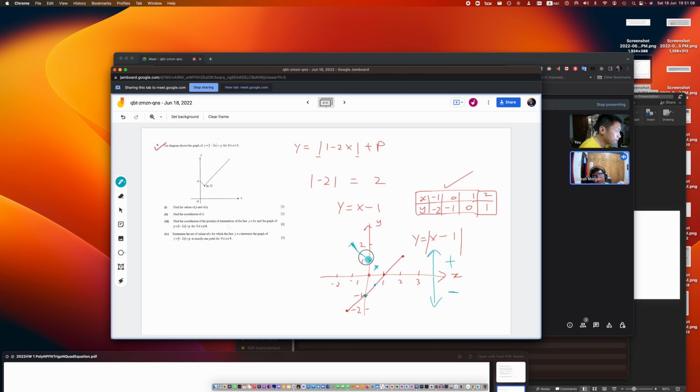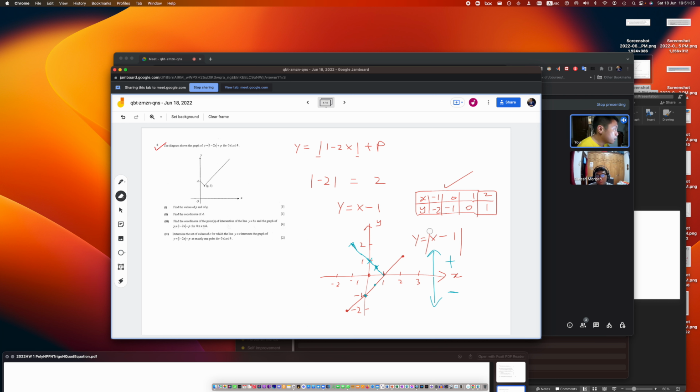What about the negative x region? Hold on, I flipped all this up already, right? Probably I should use different colors to differentiate things.